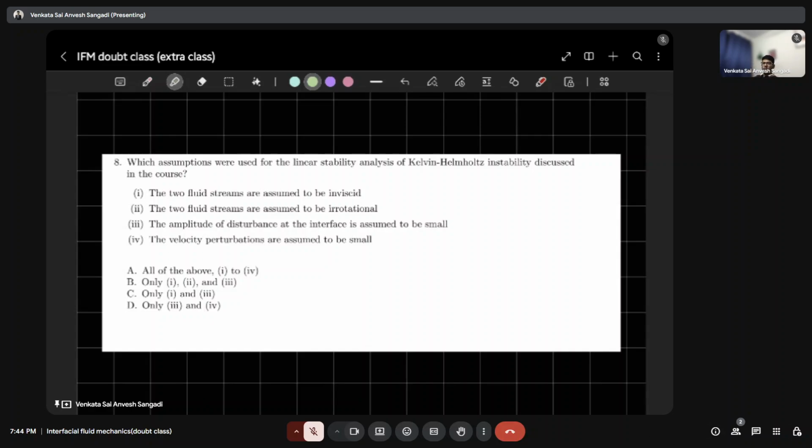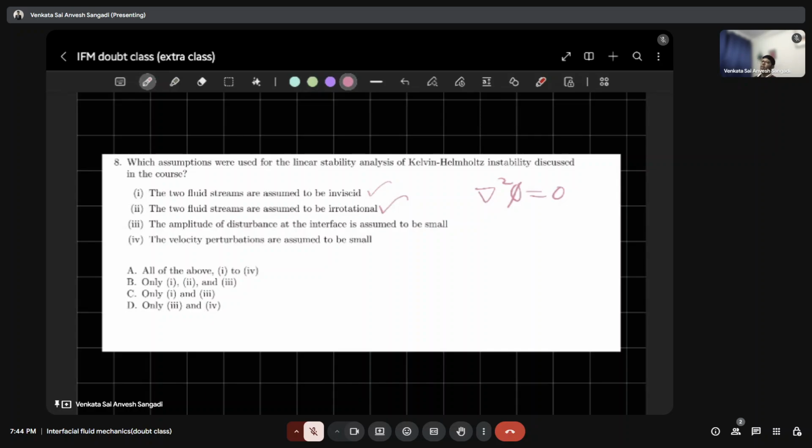The first two are correct straight away, that the fluid streams are inviscid and irrotational. We have seen it earlier in the question where del square psi is equal to 0, where we define velocity u to be gradient of phi. So the first two are correct. The amplitude of disturbance is also small.